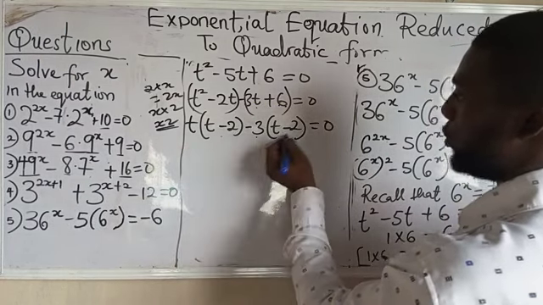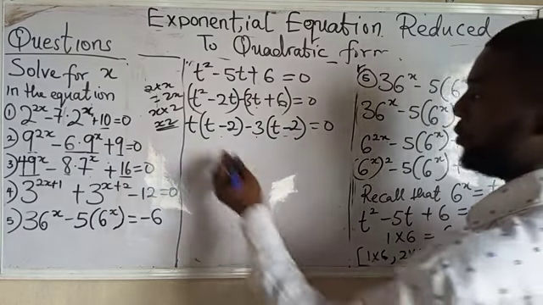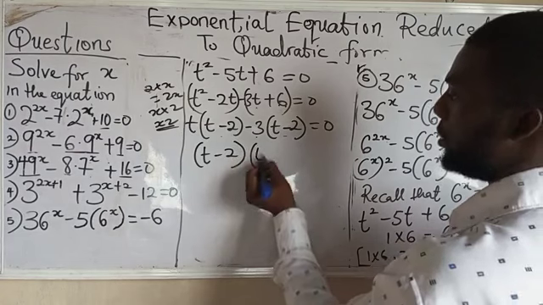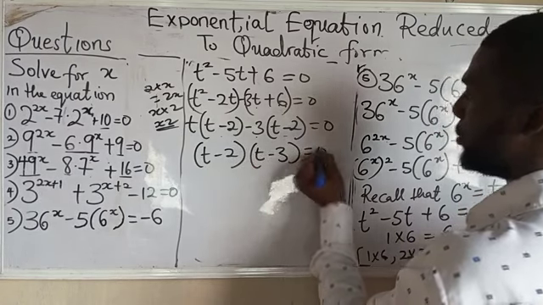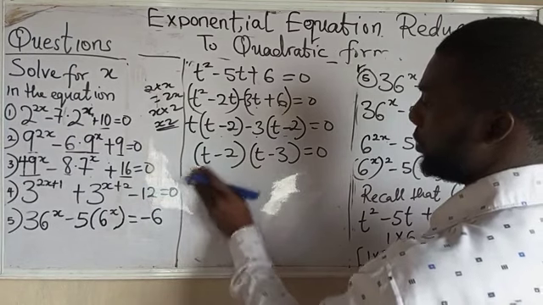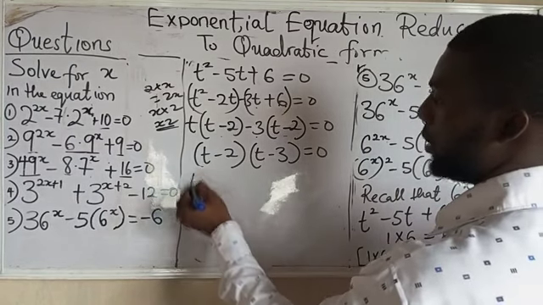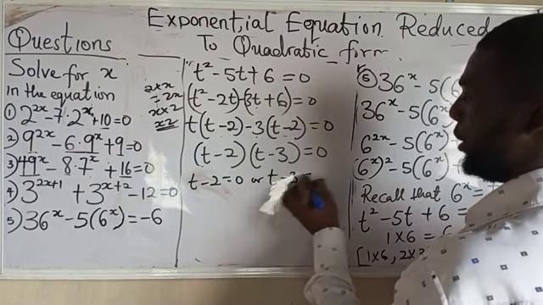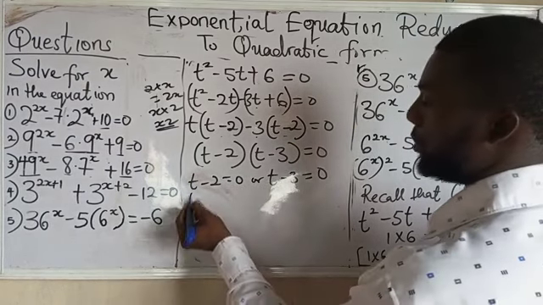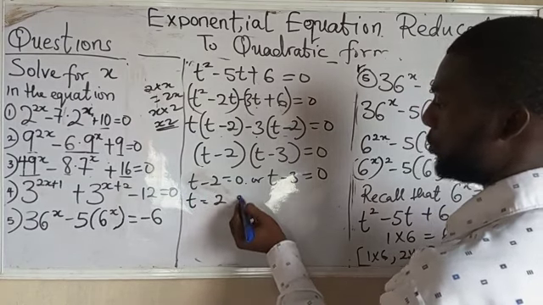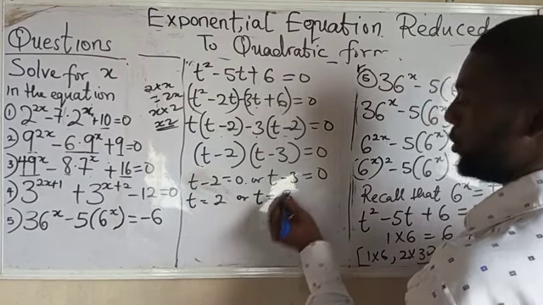So t minus 2 is common, so you can say t minus 2 into bracket t minus 3 equals 0. Then I can say t minus 2 equals 0, or t minus 3 equals 0. So t equals 2, when this minus 2 comes to the other side, it becomes 2, or t equals 3.